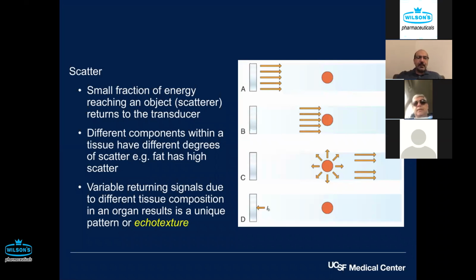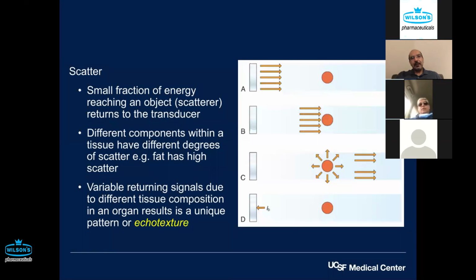The second concept in this is scatter. A small amount of the energy that is reaching an object actually returns back. A lot of it gets transmitted. It's like X-rays, either gets transmitted or bounces off and goes in different directions. Each individual component within a tissue organ will have different amounts of scatter.